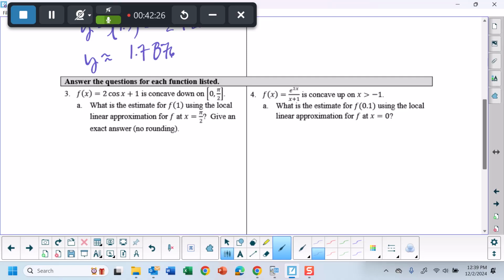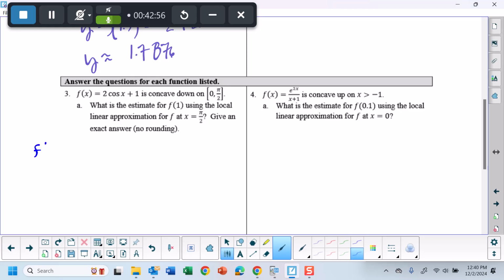First of all, using your local linear approximation for the tangent line, and then doing the actual one to see how close the 2 actually are. So if they say give an exact answer, no rounding, we can go ahead and, well, I guess we'll do the derivative one first.